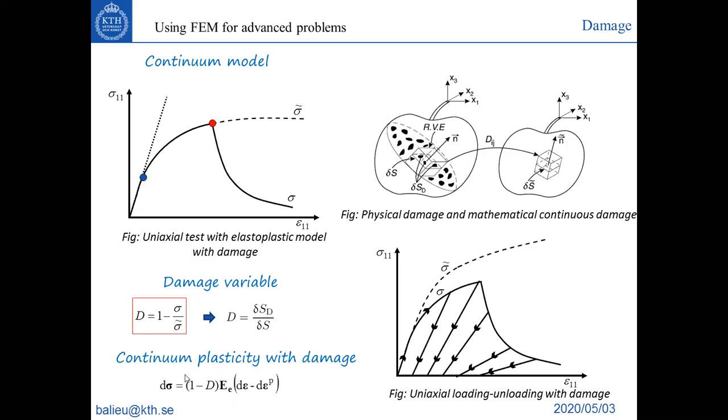So the resisting stiffness, all this part, will decrease. So of course, if the resisting stiffness decreases, to obtain the same amount of stress, you will need a higher strain in the structure. So this is the basic idea of the continuum damage mechanics.